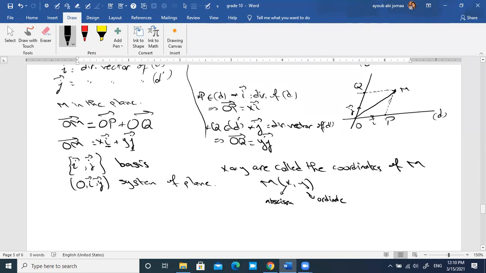Before we talk about particular values, components of a vector.